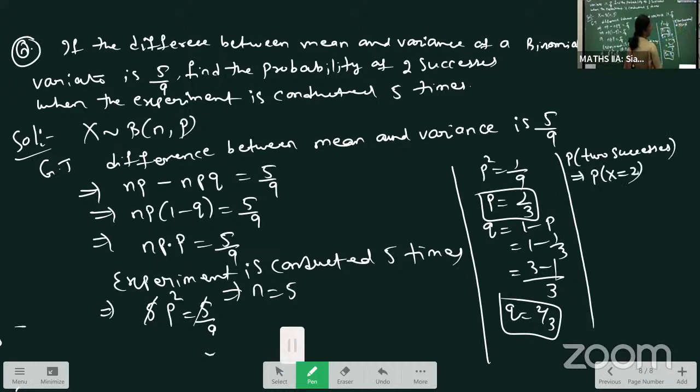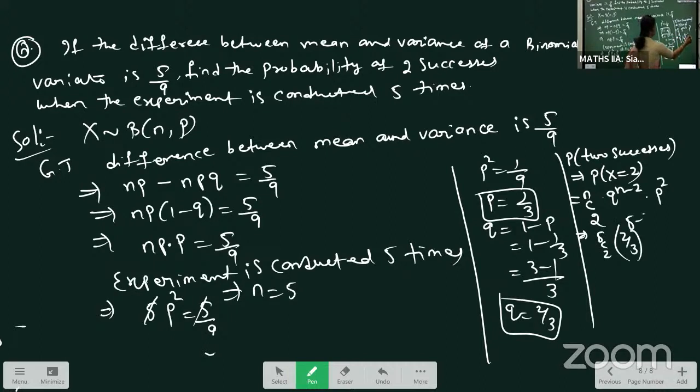Apply binomial distribution. P of X is equal to r concept. nCr means nC2, q to the power n minus 2 and p to the power 2. Substitute n as 5, 5C2, q value 2/3 to the power 5 minus 2 and p value 1/3 to the power 2.